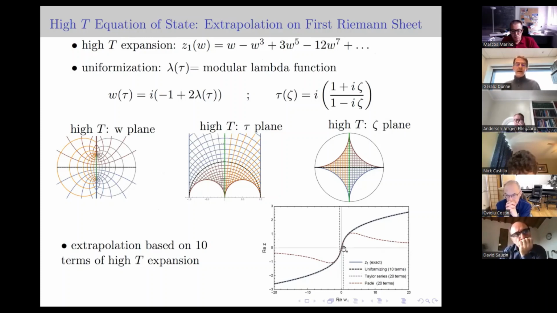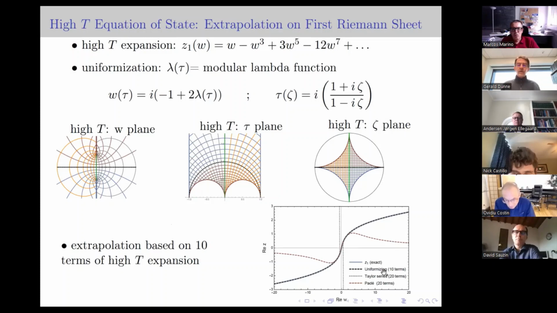If you applied Pade to this expansion around 0, you would get this red dashed curve. And so you see it's much better in the vicinity of W equals 0, and it goes beyond, it's accurate beyond the distance of the locations of these leading Lee-Yang singularities.